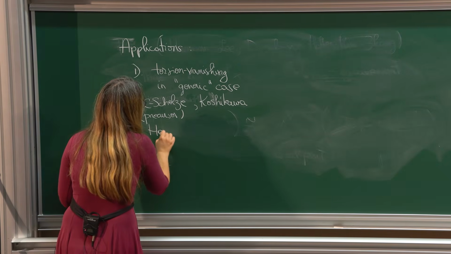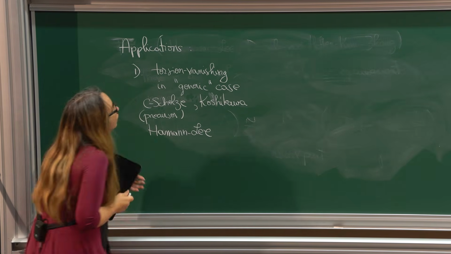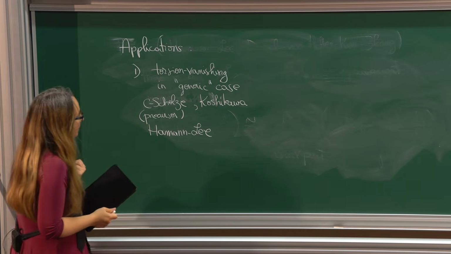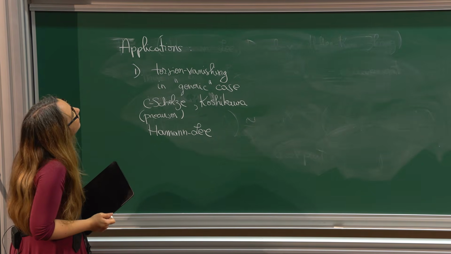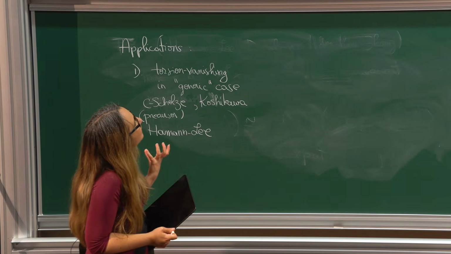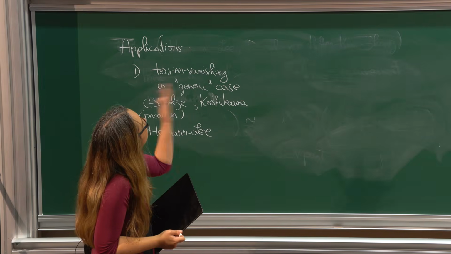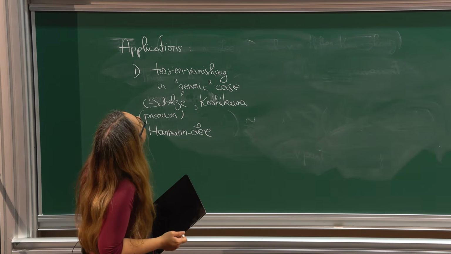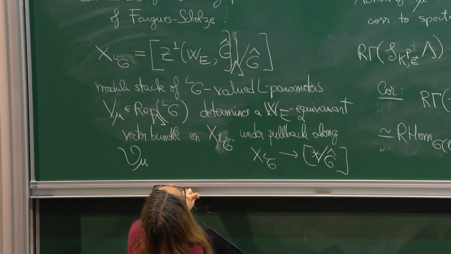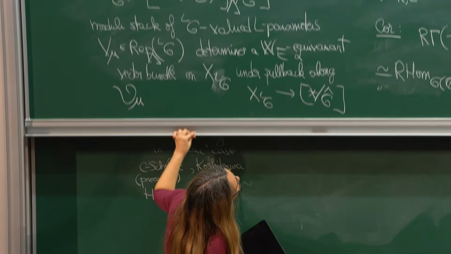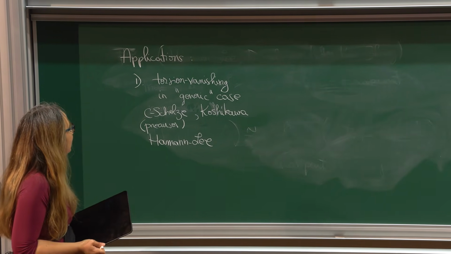And then Hamann and Lee, I guess, well, they proved a stronger version than Koshikawa's theorem. They also used the work of Fargues and Scholze, but in some sense, at least morally, their argument makes the most sense or is simplest to understand using the Igusa stack and using this theorem. That's maybe, is it still on the board? No. But using this description as the Hecke operator applied to the relative cohomology of the Igusa stack.